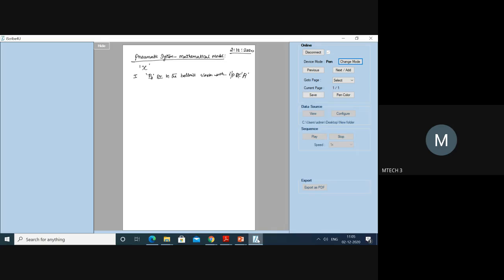This is one derivation. There is a continuation of this derivation to show how the extension or contraction, which is nothing but deflection x of the bellows, varies with input pressure P1. So these are the two derivations.